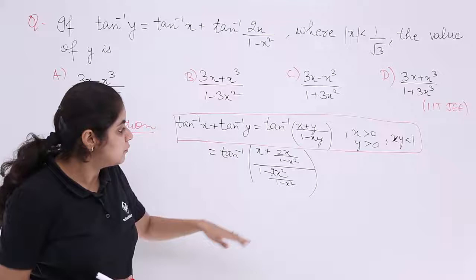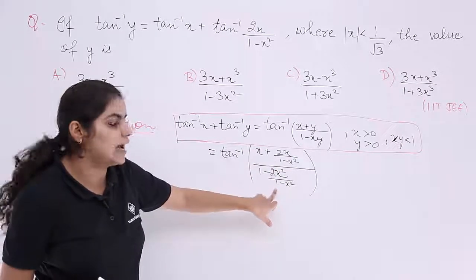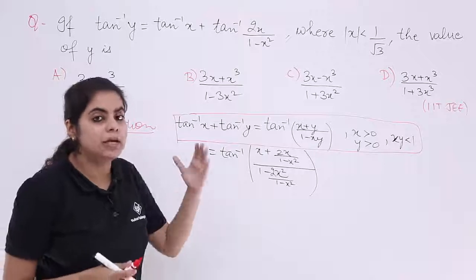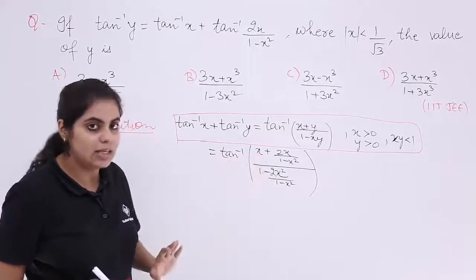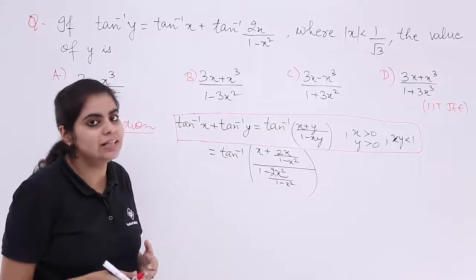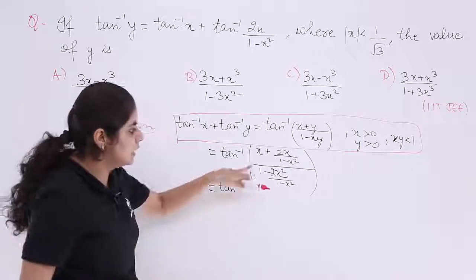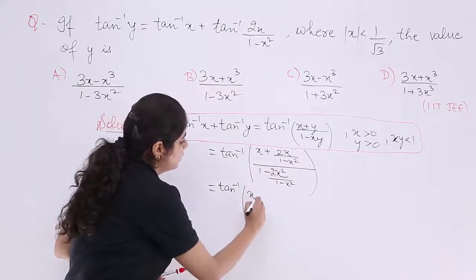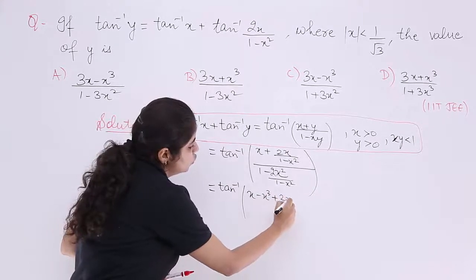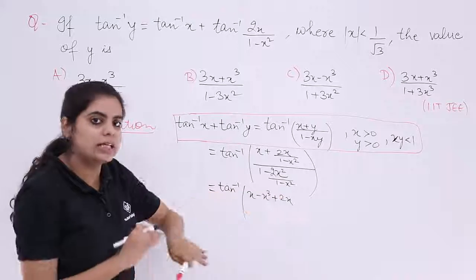Now, we already know 1 minus x square has come here and here as well. That means it will come in the denominators both ways and get cancelled. So let's find out the LCM and let's cancel the unnecessary terms. So it is tan inverse, taking the LCM, x minus x cube is what we get, plus 2x upon 1 minus x square will come from here and here. It has got cancelled.